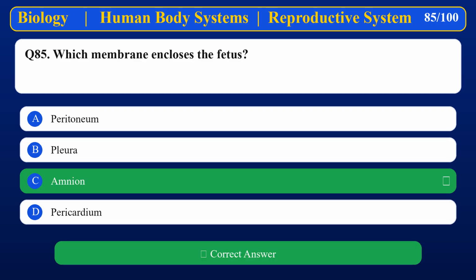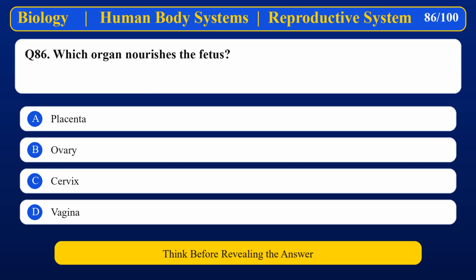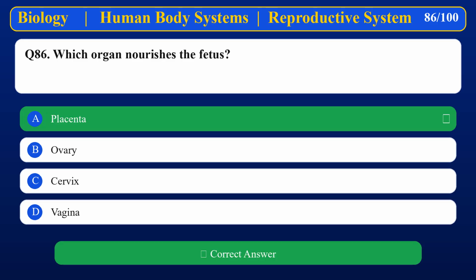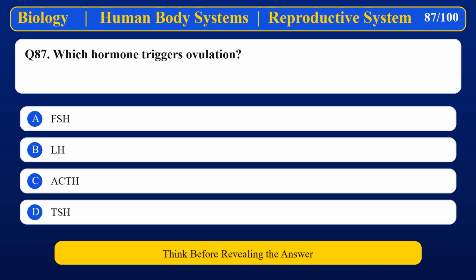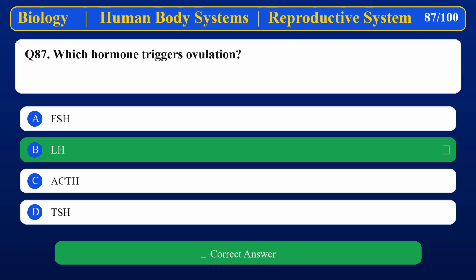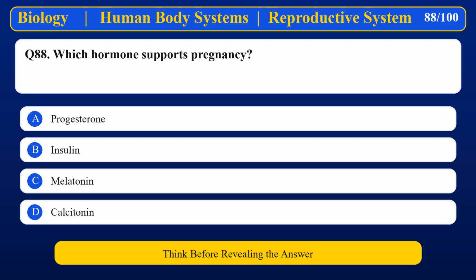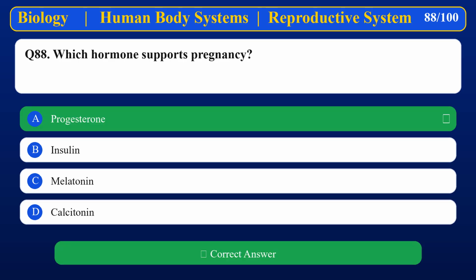Which membrane encloses the fetus? Amnion. Which organ nourishes the fetus? Placenta. Which hormone triggers ovulation? LH. Which hormone supports pregnancy? Progesterone.